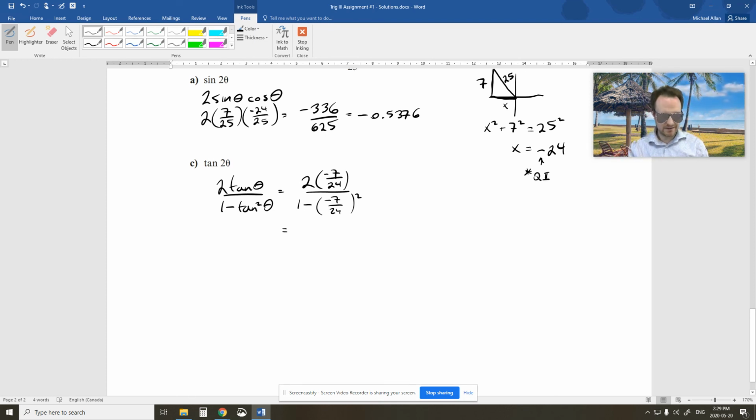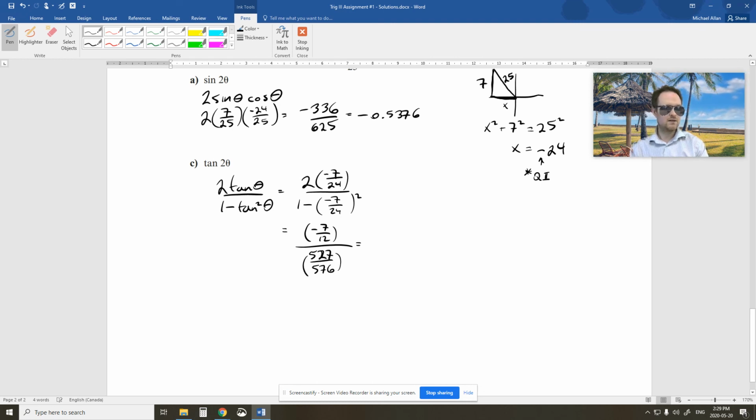Just punching my calculator. There's no radicals or anything, so I don't have to worry about trying to simplify this down. So 2 times 7 over negative 24. The top ends up being negative 7 over 12. Let's go step by step. On the bottom, I have 1 minus 7 over 24 squared. Math, enter. I just ignored the negative there because it just ends up turning positive anyway.